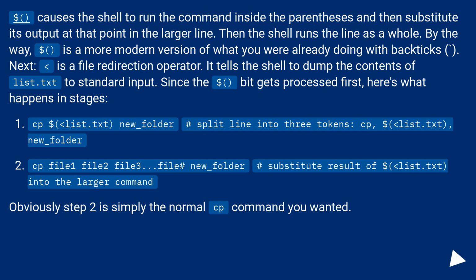Step 1: cp $(< list.txt) new_folder, split line into 3 tokens: cp, $(< list.txt), and new_folder. Step 2: cp file1 file2 file3 ... fileN new_folder, substitute result of $(< list.txt) into the larger command. Obviously step 2 is simply the normal cp command you wanted.